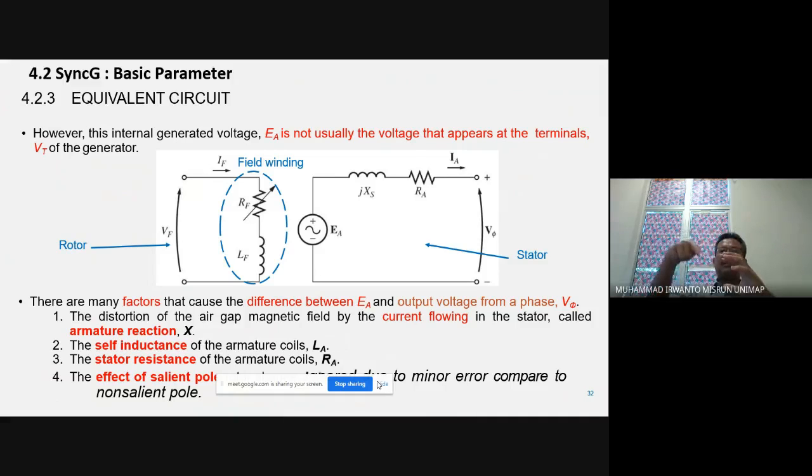We can call this coil, this winding, the field winding. The value of resistance we can call field resistance. The value of inductance of the winding we can call field reactance, or if you want to find the value of inductance, field inductance.